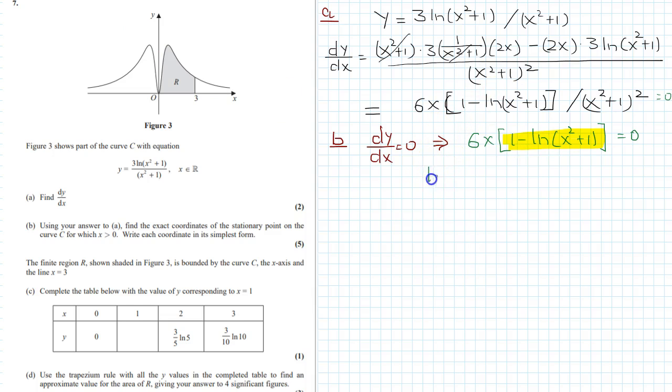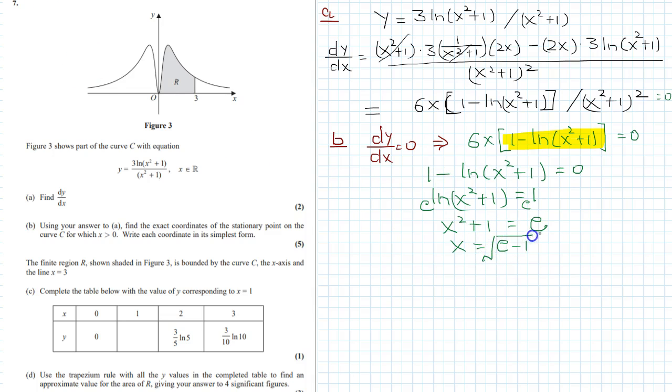So we have 1 minus ln x square plus 1 equal to 0. So it means ln x square plus 1 is equal to 1. Taking e to the power, we have x square plus 1 is equal to e. So x will be root e minus 1. Now we have this equation, y is equal to 3 ln x square plus 1 over x square plus 1.